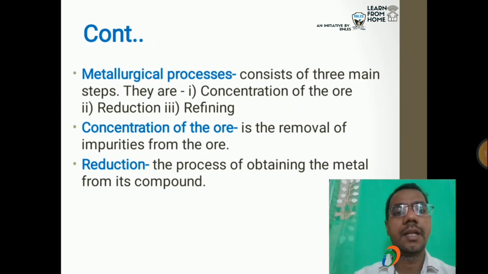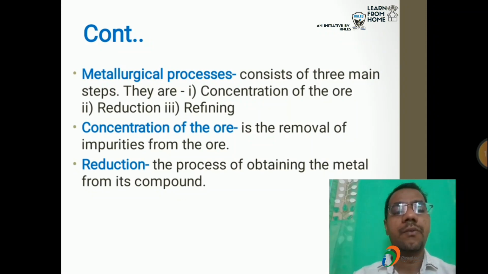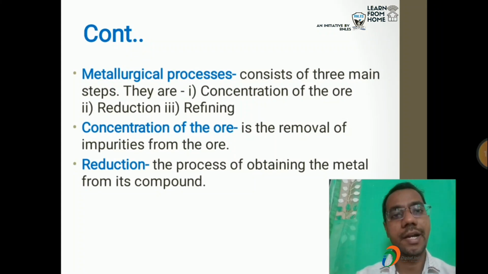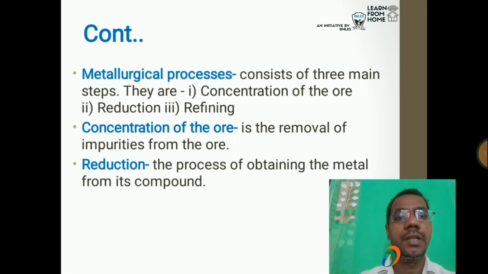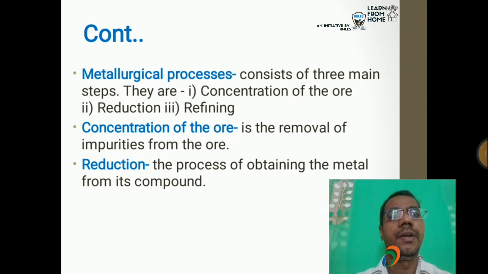There is another meaning of reduction, but right now just focus on obtaining metal from its compound. I am adding two words in the definition of reduction: the process of obtaining the metal from its compound by removing oxygen or adding hydrogen. This process is called reduction.